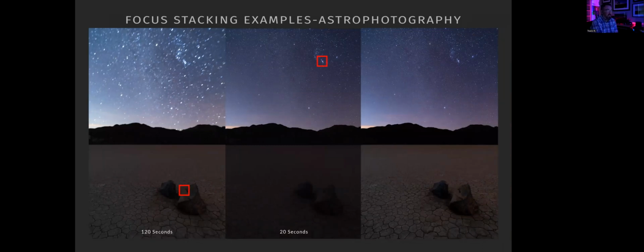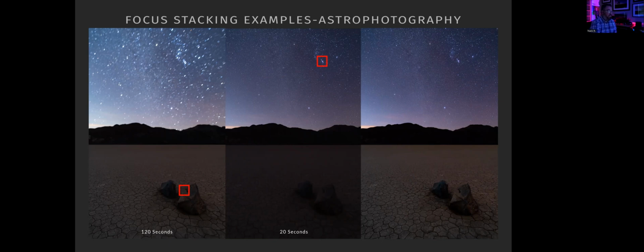I know there were some folks that were shooting some astrophotography. Now, astrophotography is where I really started to learn how to use focus stacking for this kind of thing, because in astrophotography, you are shooting at very wide apertures. Because you're out at night, you're trying to let all the light in, you're not going to shoot at f8.